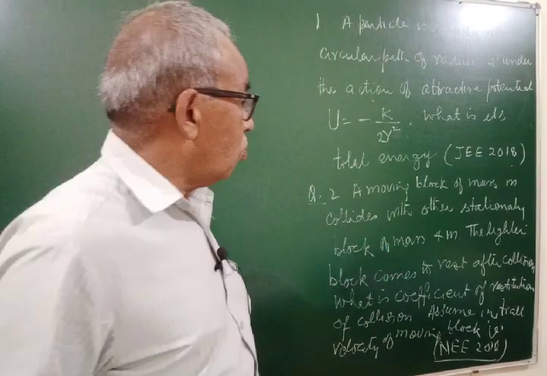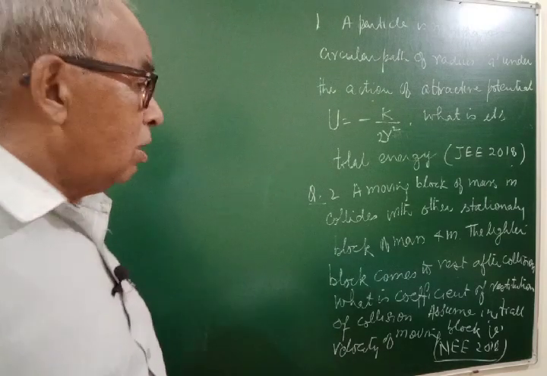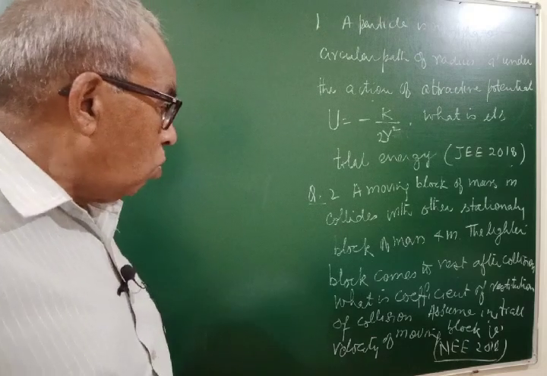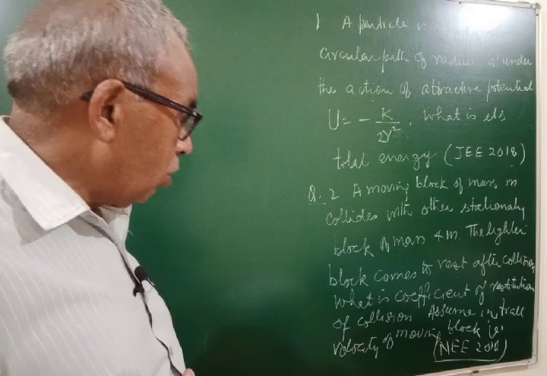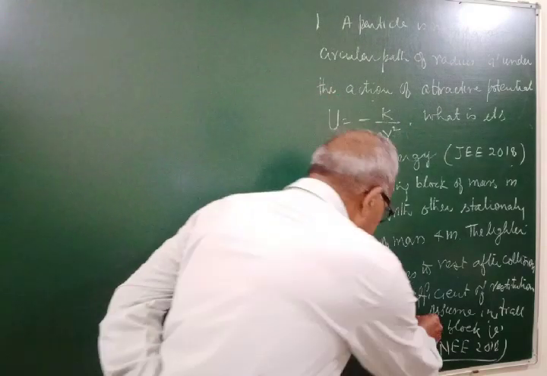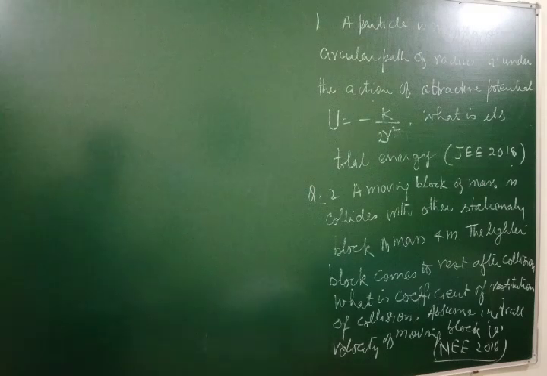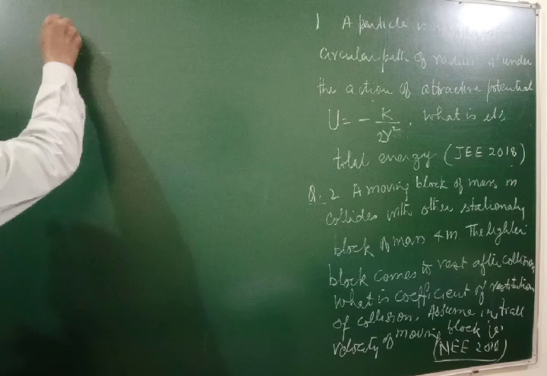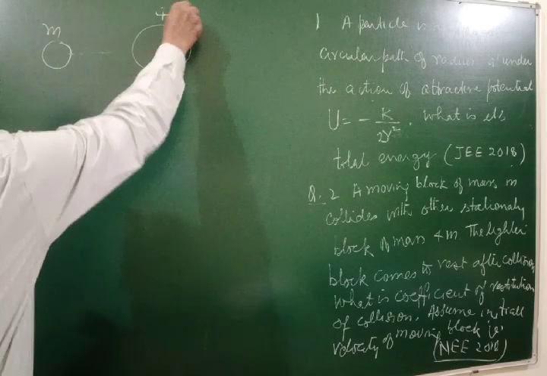A moving block of mass m collides with another stationary block of mass 4m. The lighter block comes to rest after collision. What is the coefficient of restitution of the collision? Assume the initial velocity of the moving block is v. Here we have a moving body of mass m, it collides with another ball of mass 4m.